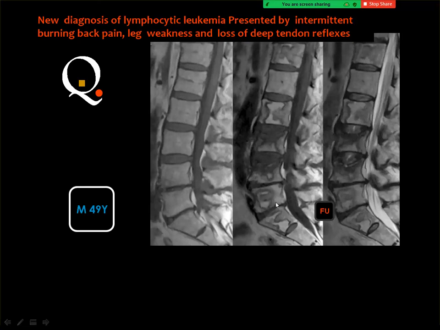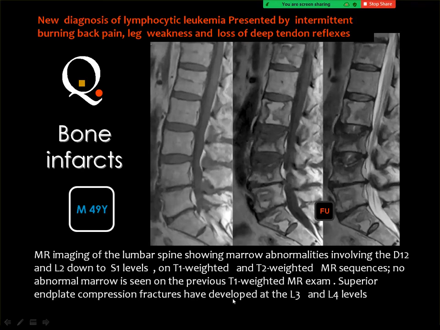And of course, because of the ischemic changes in the vertebrae, they may show some collapse, and this collapse may be associated with some change in the signal appearance. And this is multiple bone infarctions that occur in the spine similar to the long bones.